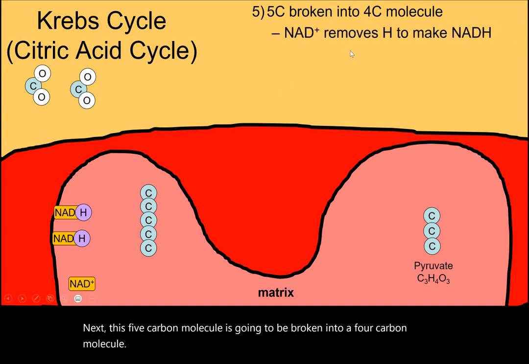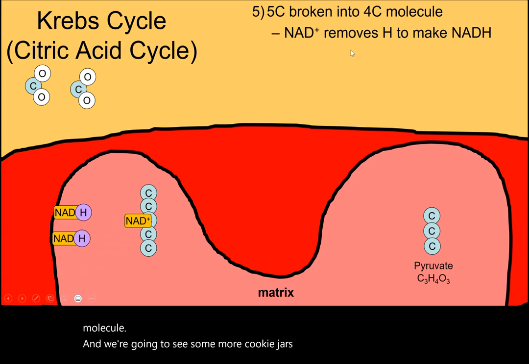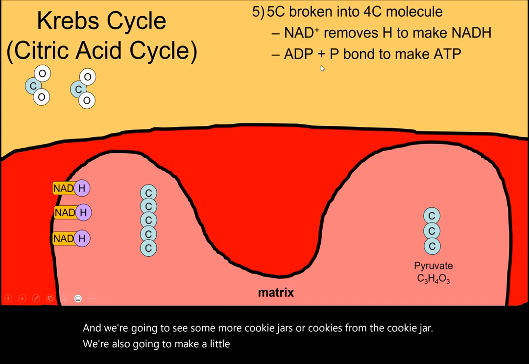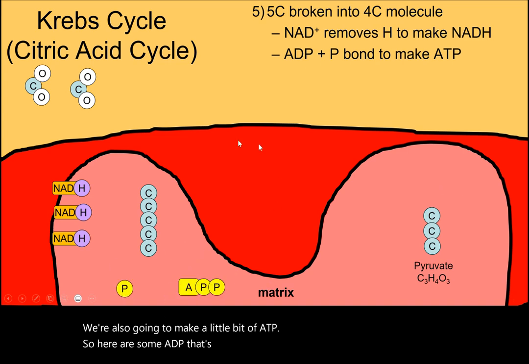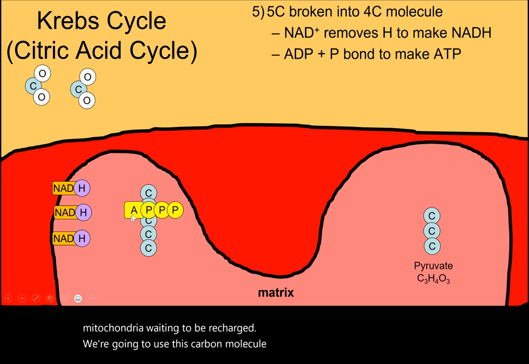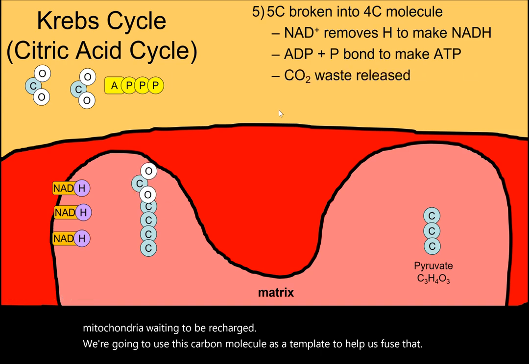And we're going to steal some more cookies from the cookie jar. We're also going to make a little bit of ATP. So here's some ADP that's waiting to be recharged. It's hanging out in the mitochondria, waiting to be recharged. We're going to use this carbon molecule as a template to help us fuse that. And we're going to release some more carbon dioxide.